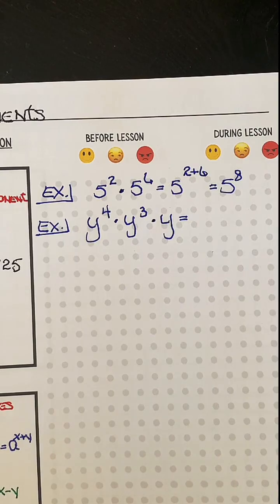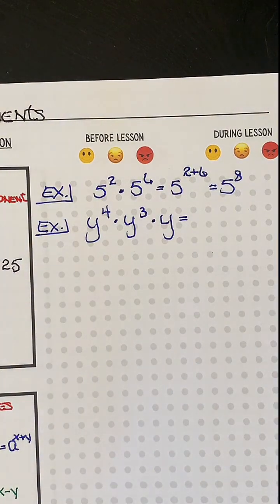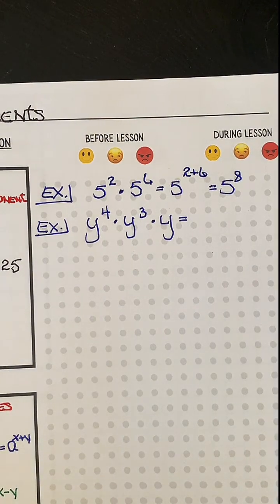Okay, so we're saying y to the 8th, and some of you are saying y to the 7th, and one y to the 6th.